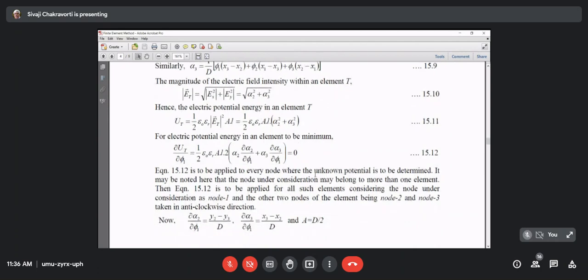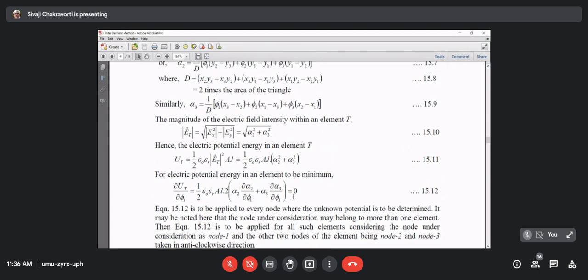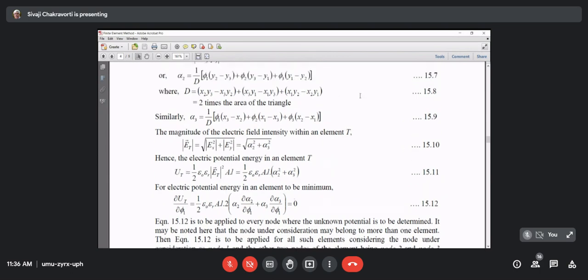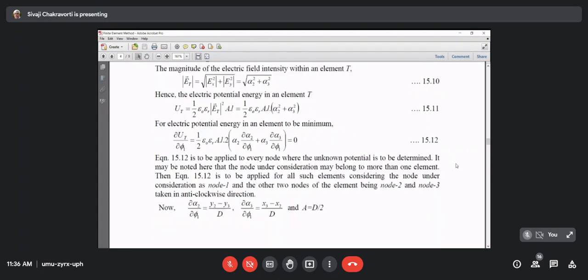So we write equation 15.12. And then del alpha 2 del phi 1 we obtain from 15.7, and del alpha 3 del phi 1 we obtain from 15.9, and that is written here.